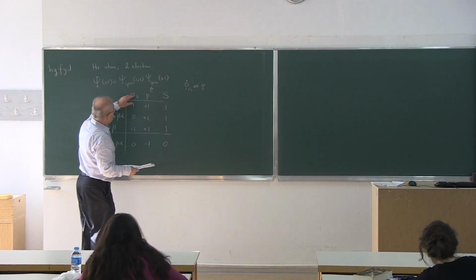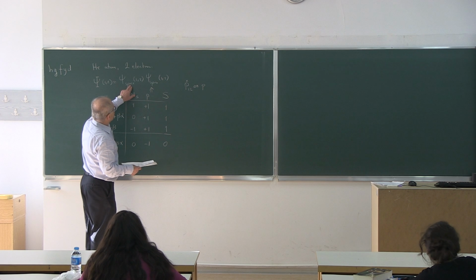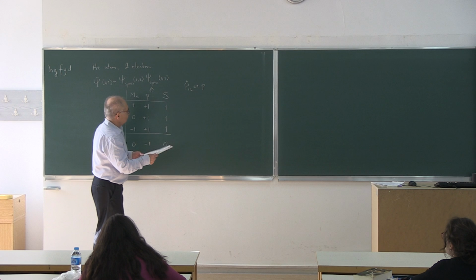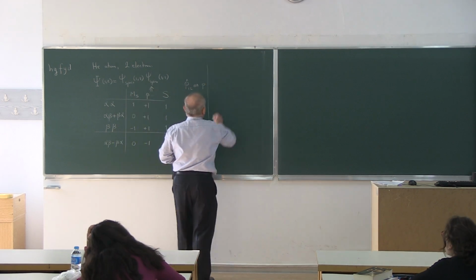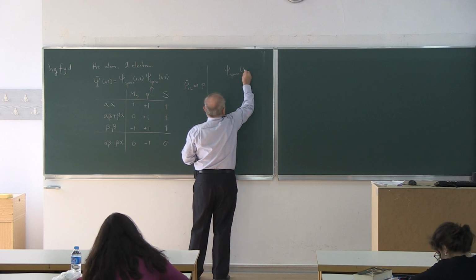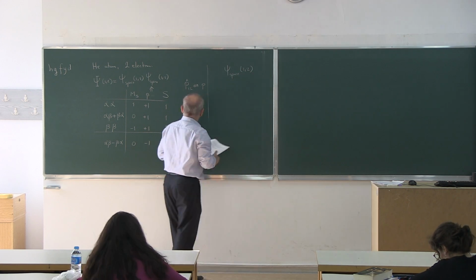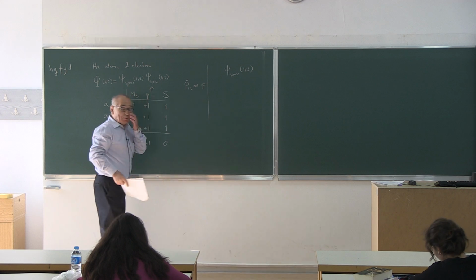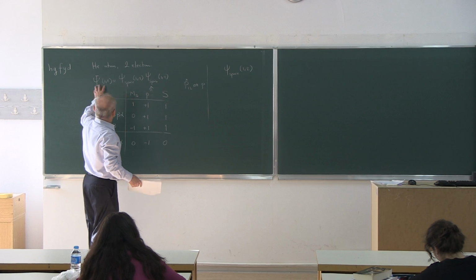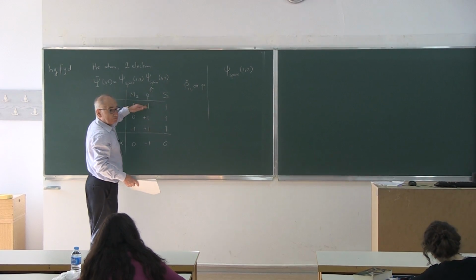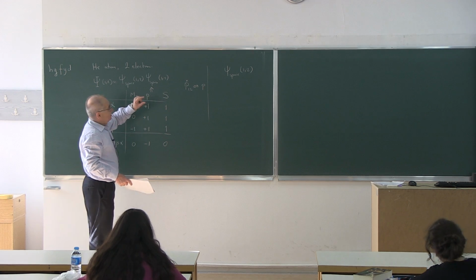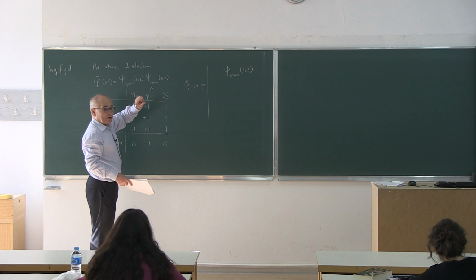Now we are going to consider the space part. Because of the Pauli exclusion principle, which requires that the total function must be anti-symmetric when the labels of the electrons are exchanged.